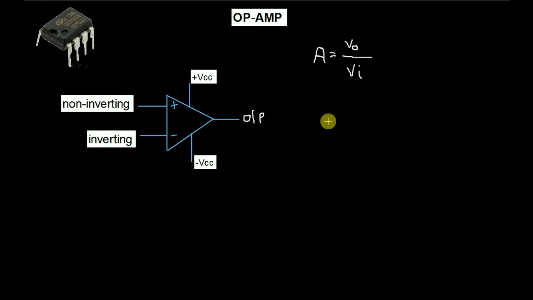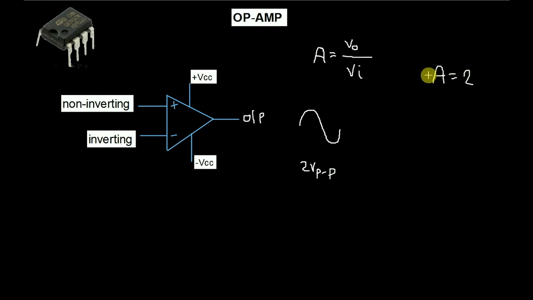Let us consider that we have given a signal in this input, that is a 2 volt peak to peak signal. Also consider that the gain of this op-amp is 2. So A is equal to 2.